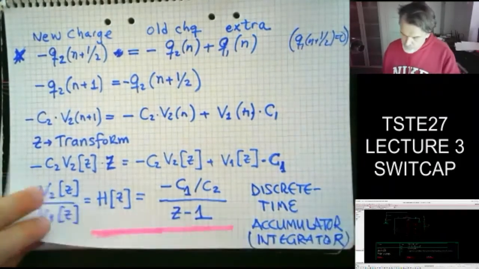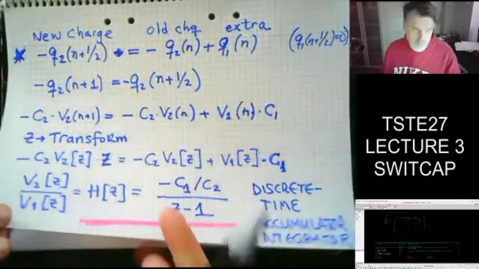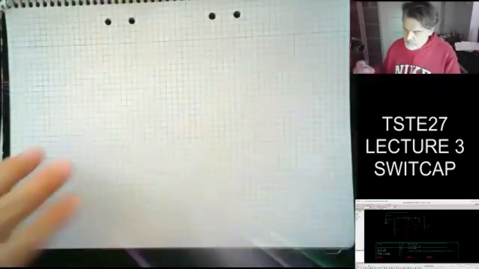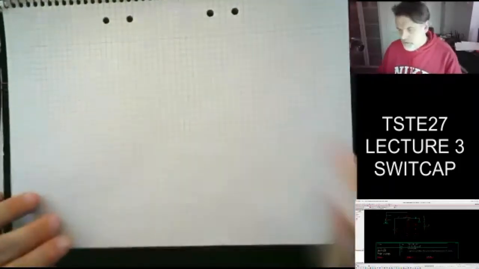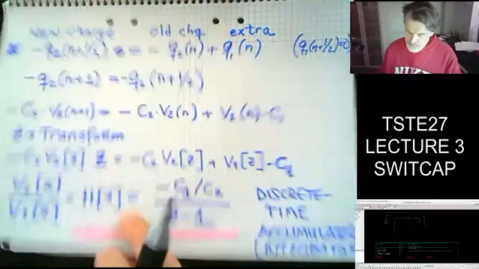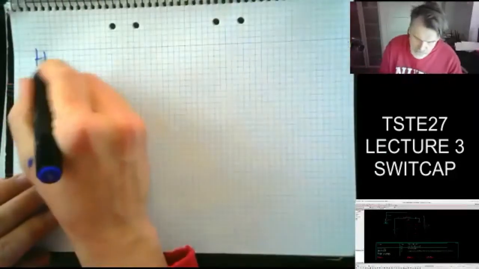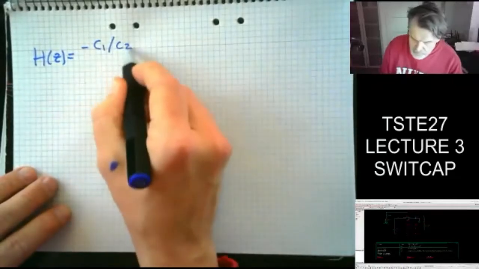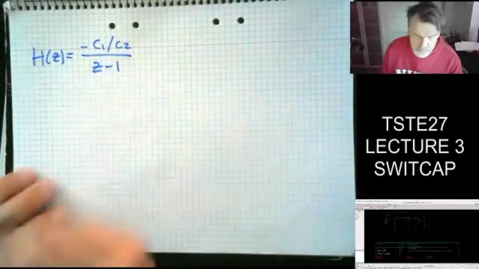And doing this scaling here, we can quite easily verify that too. We have this expression: H of z is equal to minus C1 divided by C2, z minus 1.